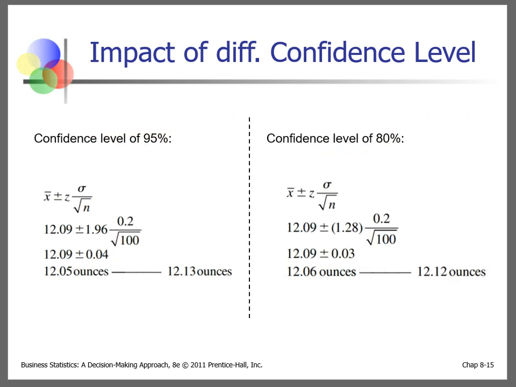When compared side by side, it can be observed that by lowering the confidence level, the margin of error has been reduced from 0.04 to 0.03. Likewise, when the confidence level is increased, the margin of error will also increase.